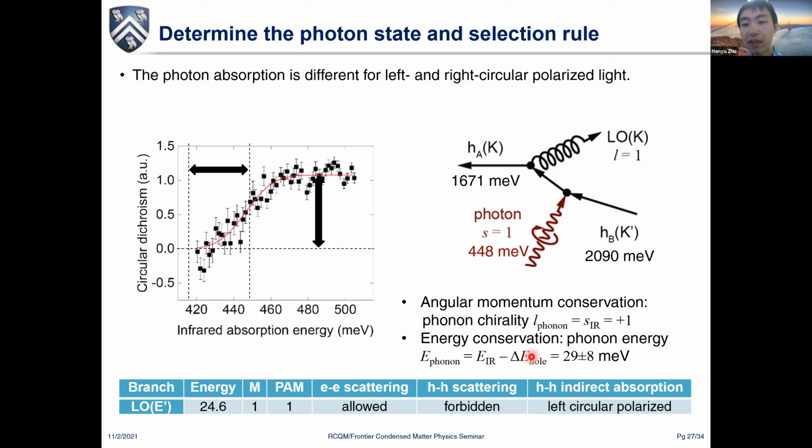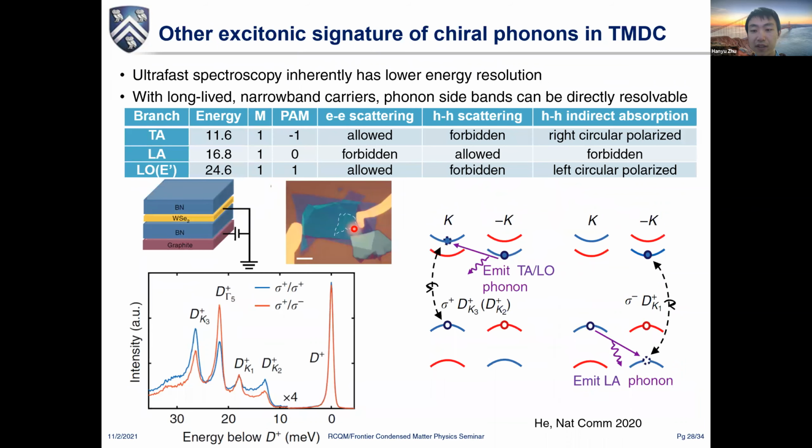So of course, this is a fairly complex scheme to verify chirality, but there are more advanced methods recently with the progress in materials growth. And this is actually Dr. Xiaodong Xu's work, so hopefully he will share more in the next talk. So their group made very high quality materials such that the spectrum of these electron-hole recombinations are very, very sharp, and the lifetime of these polarized holes are extremely long.